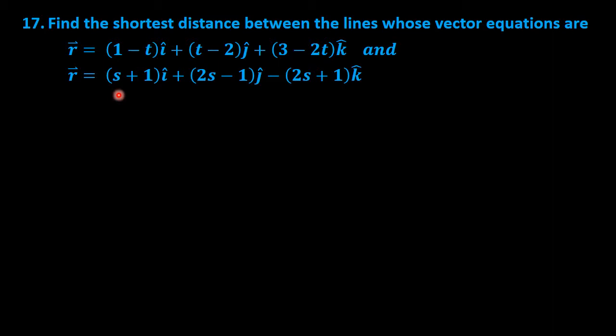So the first thing that we have to do here is rearrange this equation in the standard form. But in question numbers 14 and 16, the equation of the line is given already in the standard form.